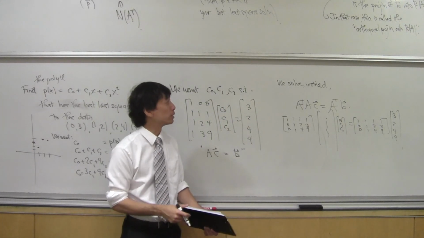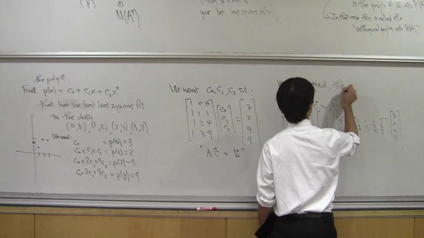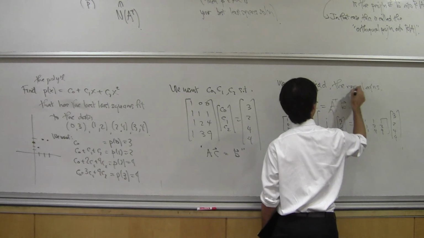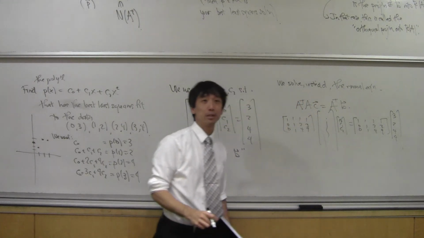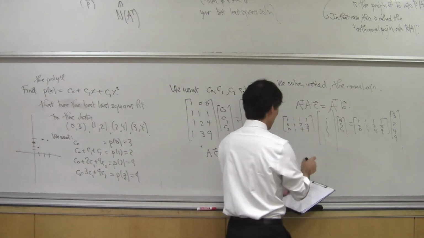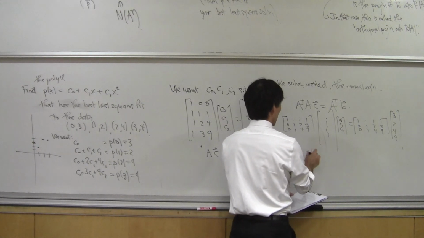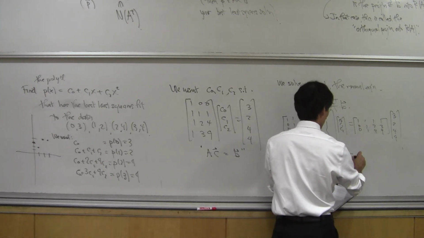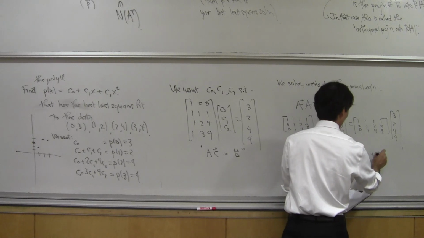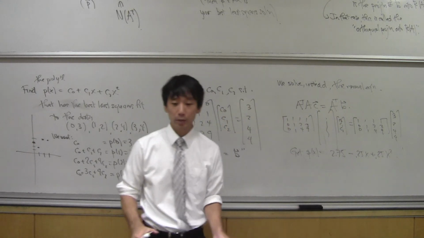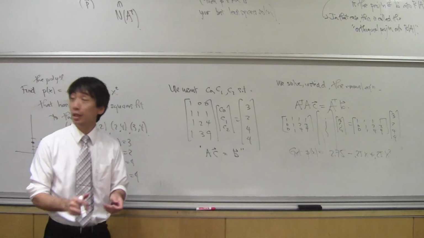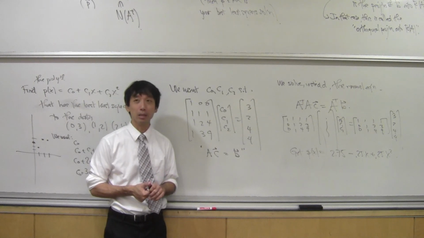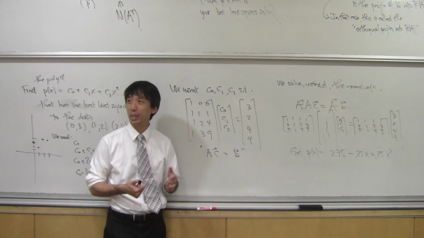So you get the normal equations, and we solve the normal equation. It turns out that this has a solution. You get p of x is 2.75 minus 0.25x plus 0.25x squared. And so you get a quadratic that doesn't solve the problem, but in the least squares sense is the best possible answer.